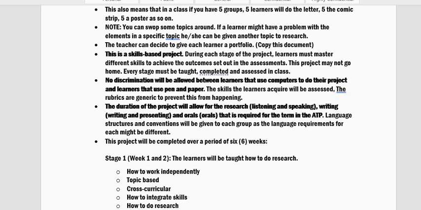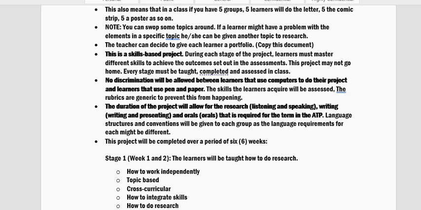The duration of the project will allow for the research part, the writing and the orals to be done in class. It actually is covering the ATP while you are doing the research assessment. Please do not have the learners come in after school to do the project while you continue with ATP teaching.